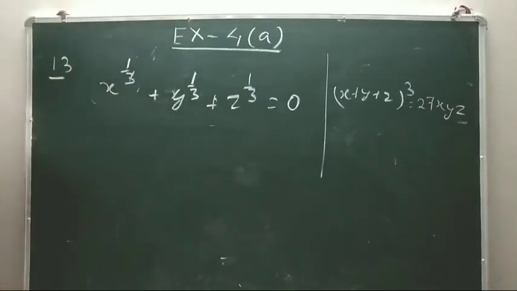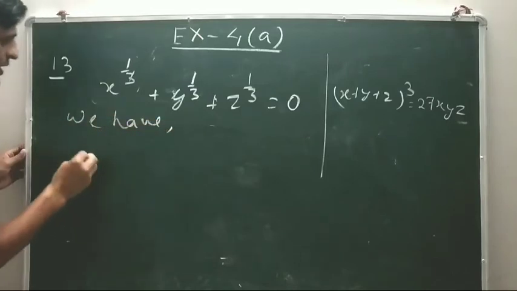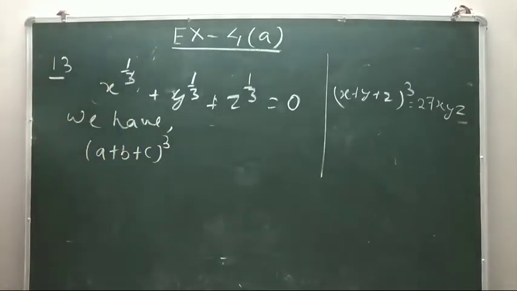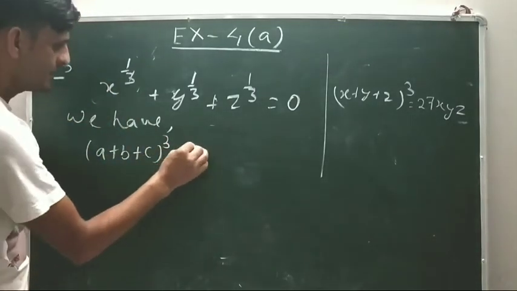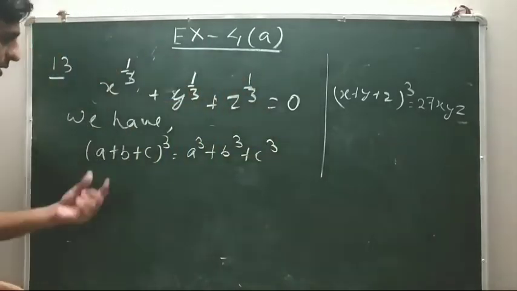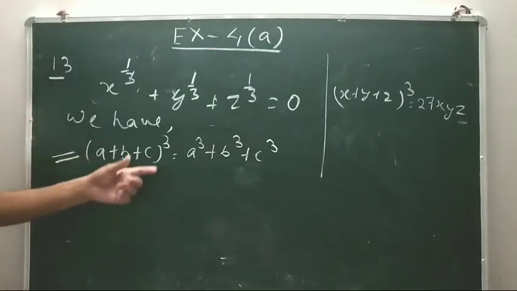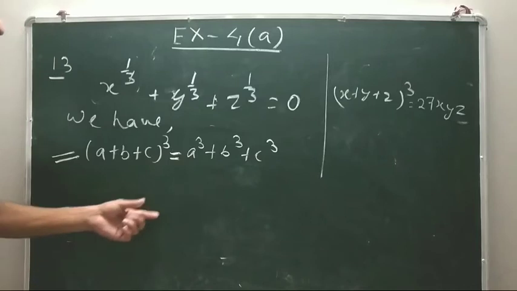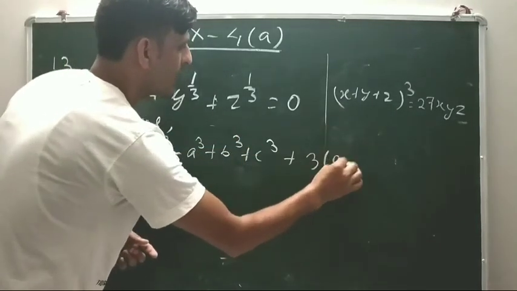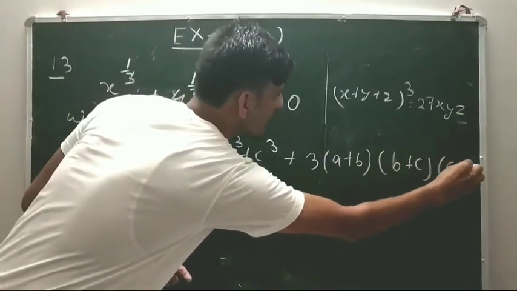So we have a formula of cube. Just see, a plus b plus c whole cube can be written as a cube plus b cube plus c cube. Try to remember this formula. a plus b plus c whole cube can be written as a cube plus b cube plus c cube plus 3(a plus b)(b plus c)(c plus a).